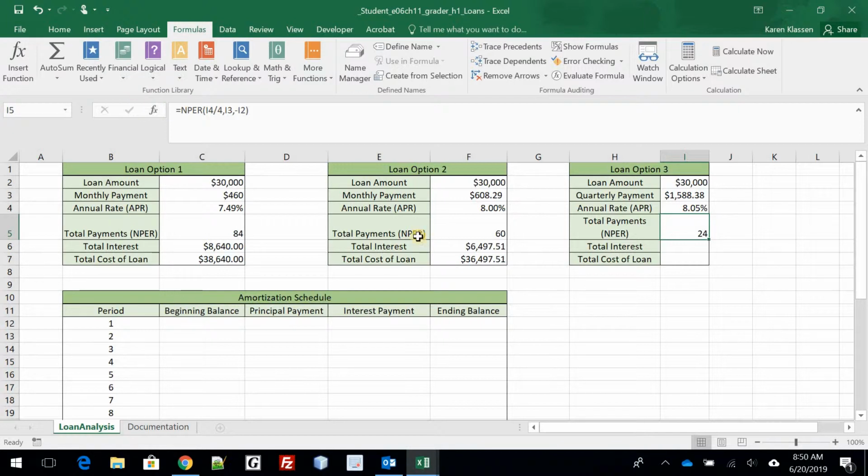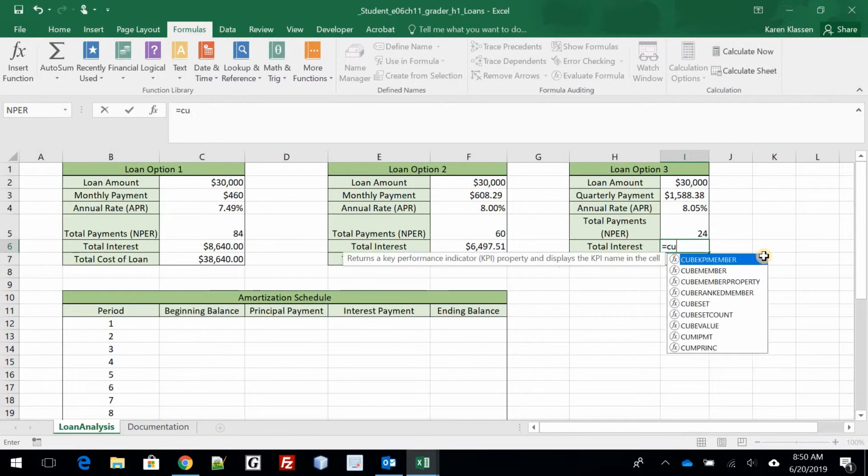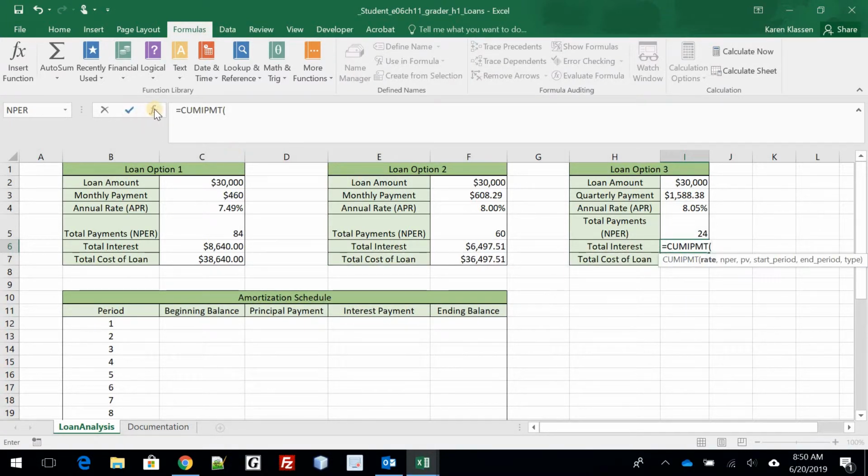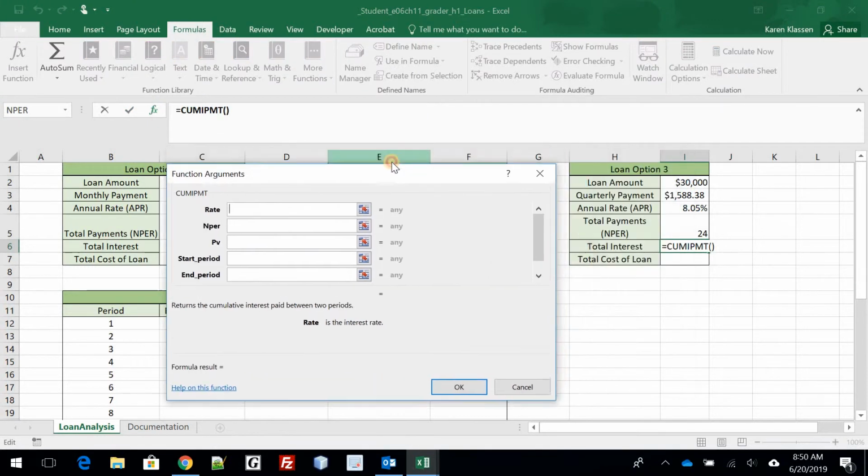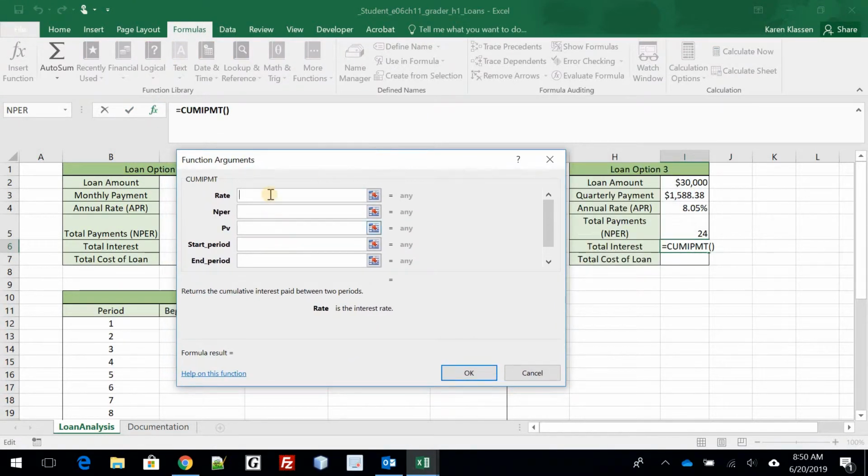All right. Now we're going to calculate our interest again. Cumulative interest payment. I'll do it the other way. Okay, so the rate, again, this is a quarterly payment, so I'm going to divide by 4. My NPER is 24. My present value is 30. Starting period.